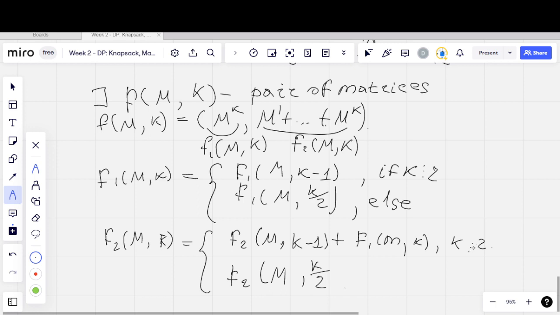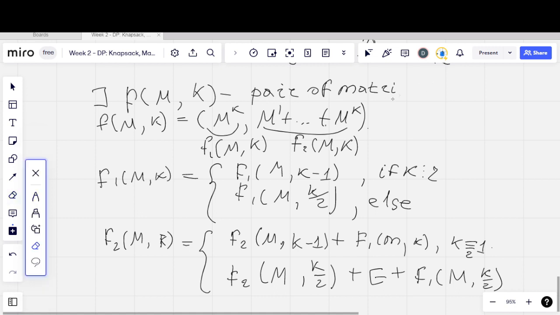Sorry. If k is even, we take this function plus here plus f1(M, k divided by 2), matrix and number.